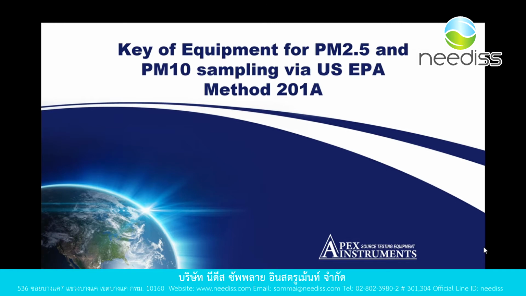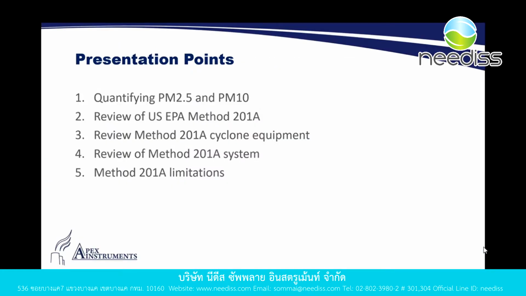And we'll talk about how each of those three parameters can be sampled individually or all together. We'll quickly discuss quantifying what PM is, the particular sizes that we are looking for in these small dust concentrations.